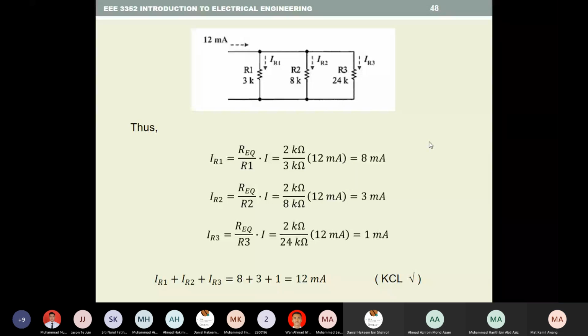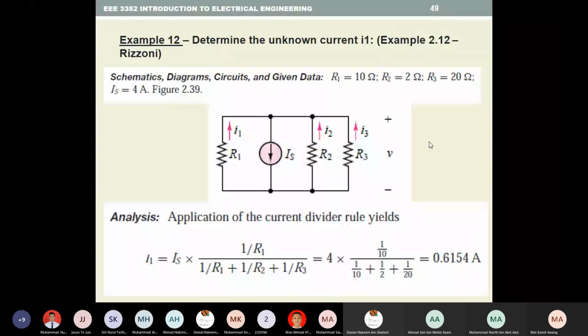Another example. Determine the unknown current I1. You have Is, which is given as 4 amps, and R1 of 10 ohms, R2 of 2 ohms, R3 of 20 ohms. From here, we need to find I1.